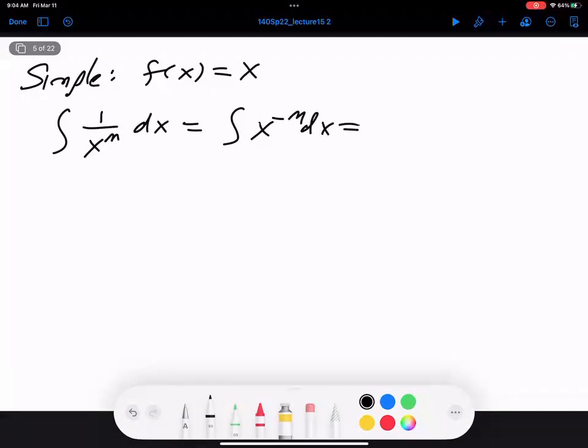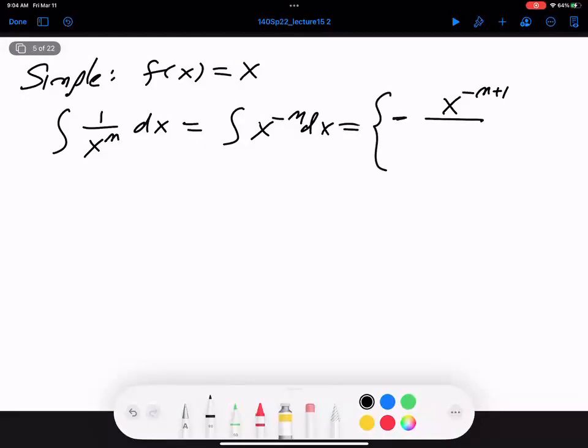So what function will have derivative x to the negative m? Negative x to the negative m plus 1 over what? So what do we want to divide it by? With the negative sign outside.